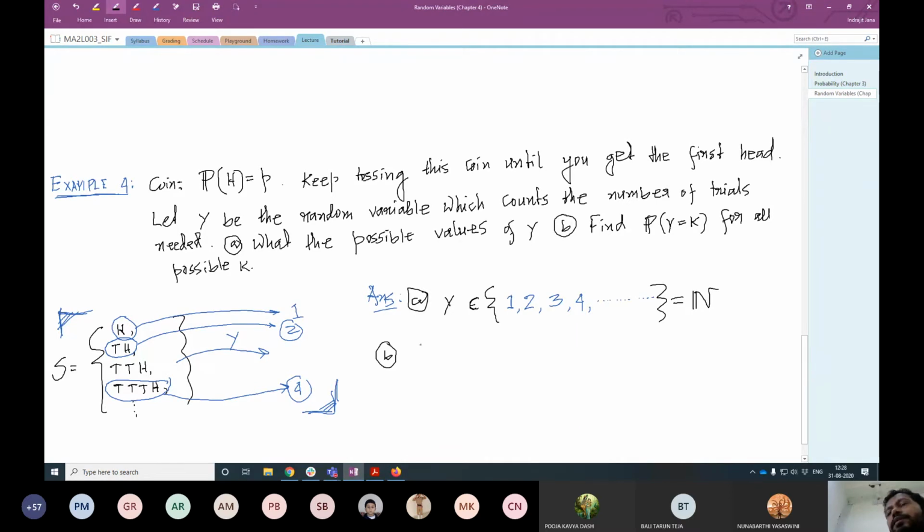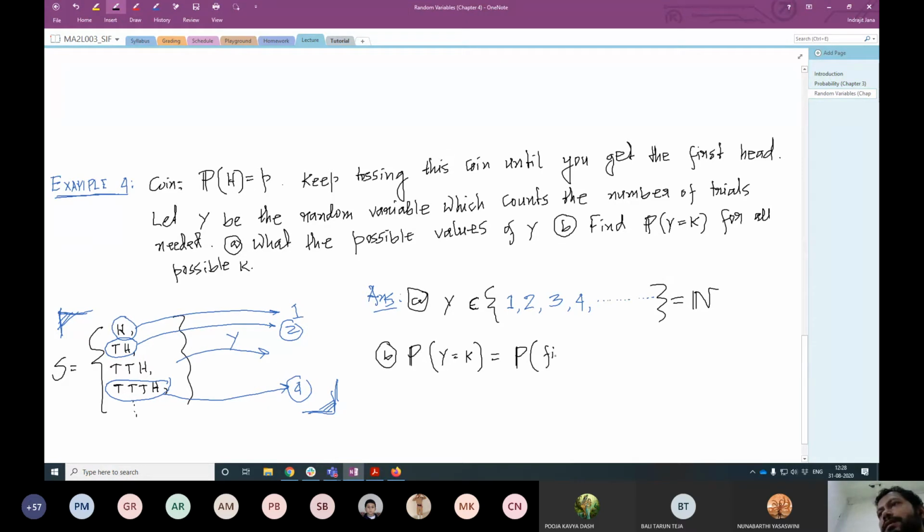Second part, probability of Y. So probability of Y is equal to K. Probability of Y equal to K is essentially asking the probability that the first K minus 1 trials are tails, right?